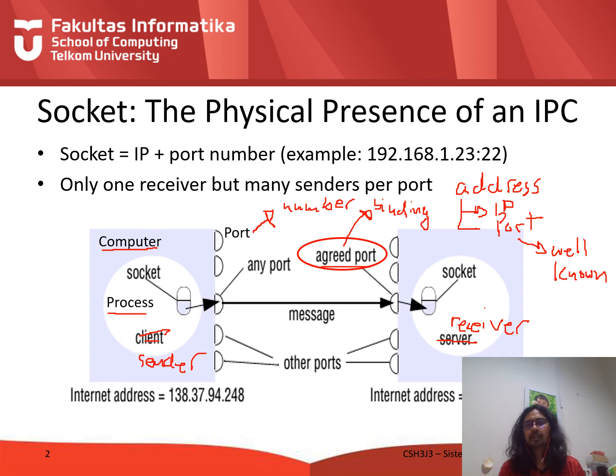So if you are asked what is the difference between a sender and a receiver, the receiver needs to do binding. Instead, the sender doesn't need to do binding because it can use any port.